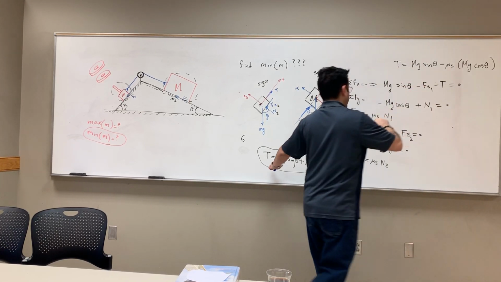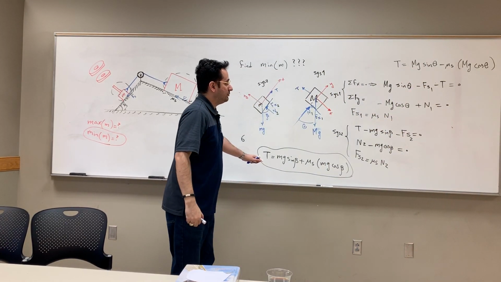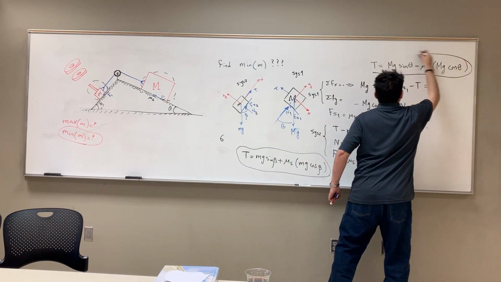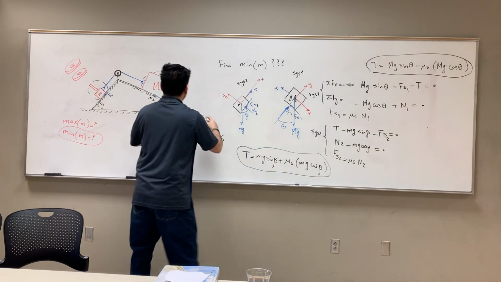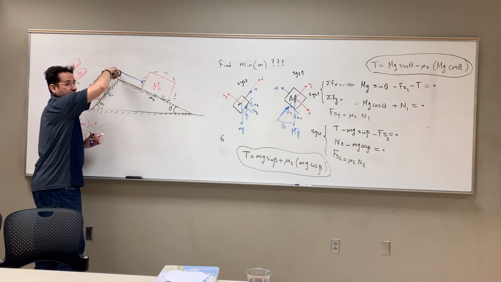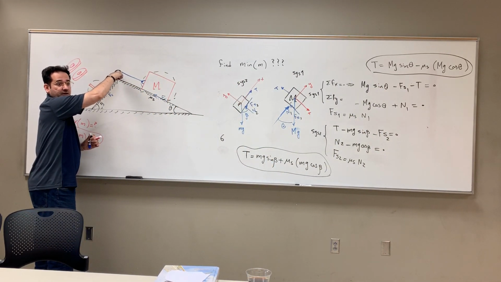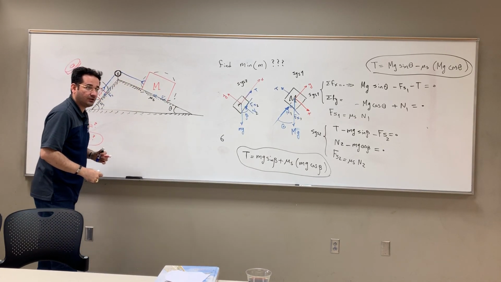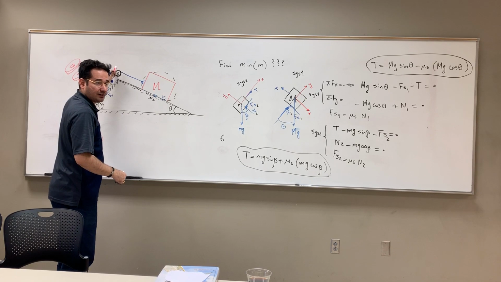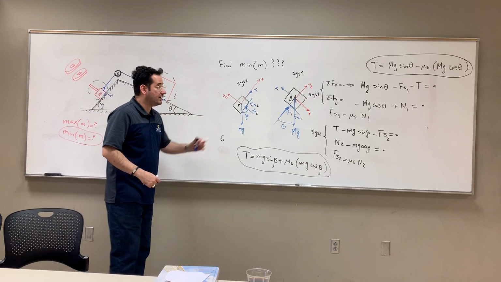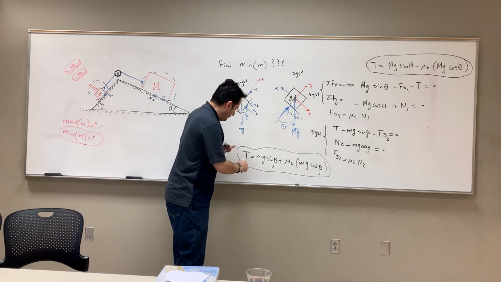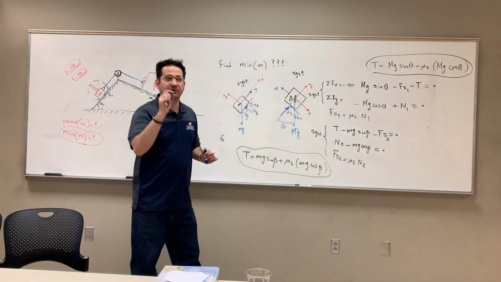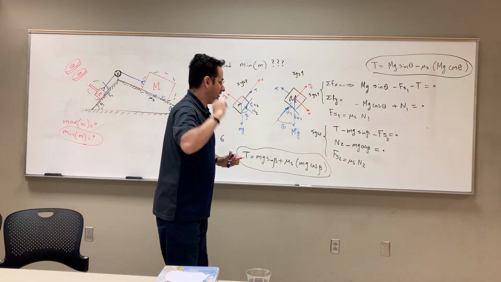Now, since T is the same, put T here. You see the tension in the cable is the same, it's one cable, right? In fact, if you write the moment equation at the center of the pulley, you get this T is equal to this T, because the pulley is frictionless. If the pulley was not frictionless, we could not say that. So I say, this should be equal to that. And that would give me a relation between small m and capital M.